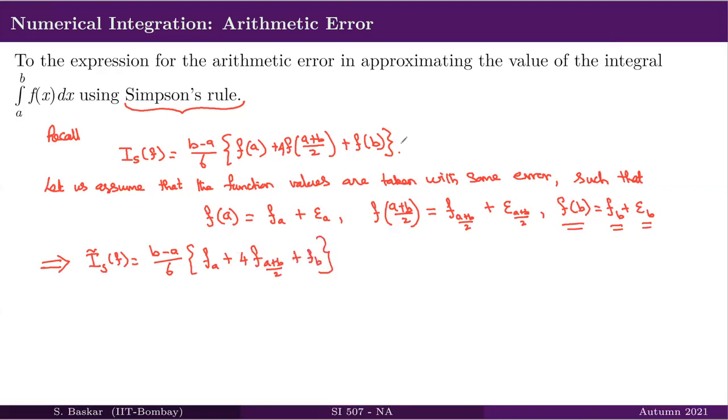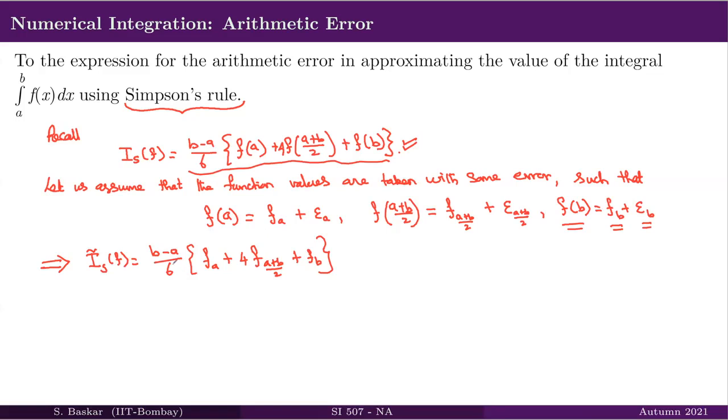Again, I'll repeat, we are supposed to compute the value of the quadrature formula using this expression, but unfortunately we are provided with an approximate value for the function values, whereas b and a are assumed to be given exactly. This is just for the sake of simplicity.